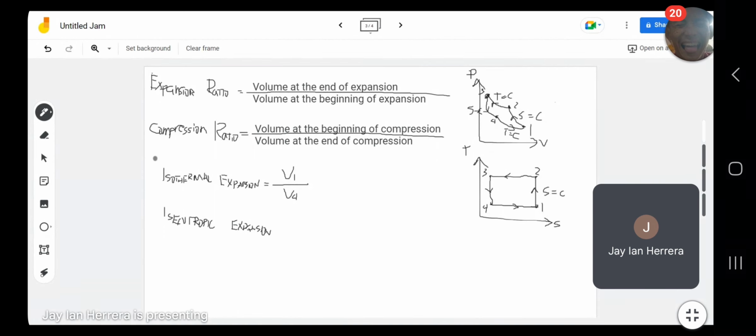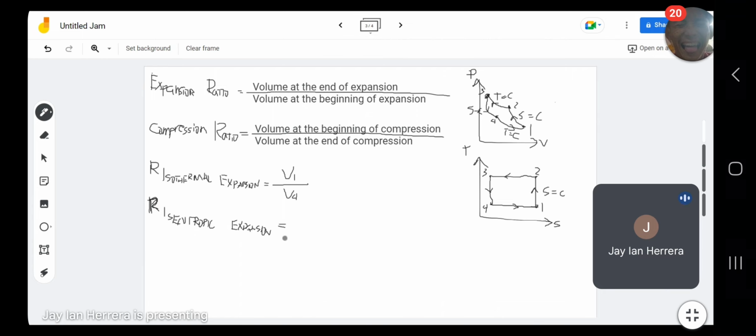Meron tayong R or isentropic expansion ratio, isothermal expansion ratio. The variable R represents ratio for the expansion and compression.